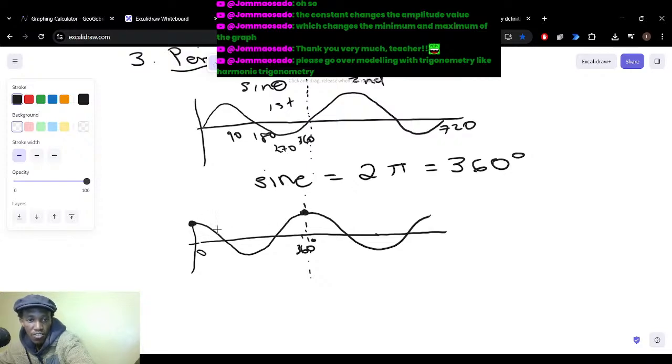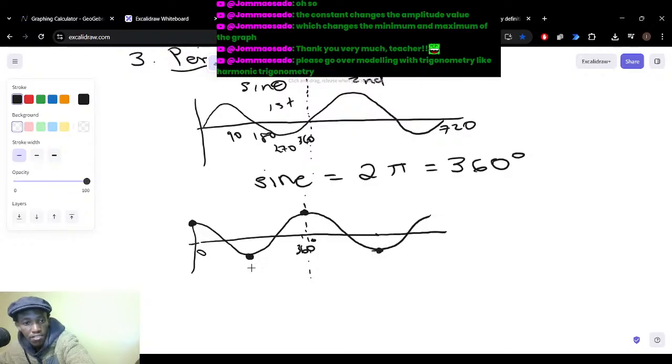It reached this point, the very same height rather, after 360 degrees. Same applies to this one. So it will reach this minimum again after 360 degrees.